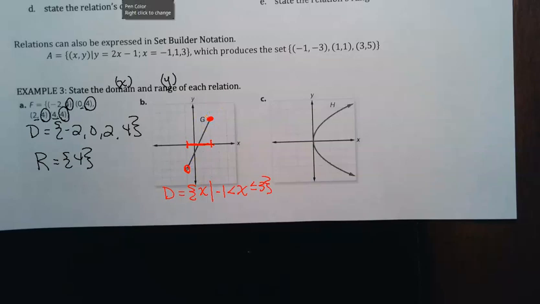All right, let's look at the range value here. So our range, okay, those are our y values, and they're going from here up to here, and they stop. So we're going to say the same thing. We're going to use set builder notation. It's y such that, what's the lowest number for our y value?